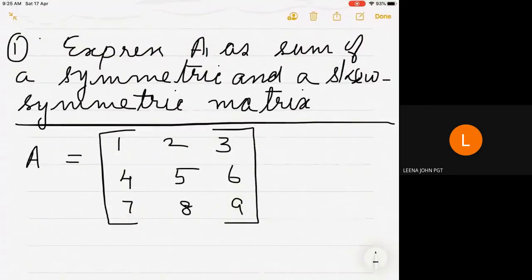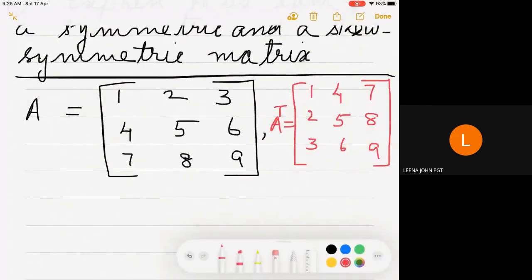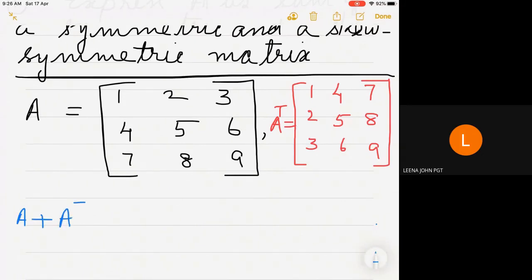So we can write here on the right side what A transpose is. A transpose means the first row will become the first column, the second row will become the second column, and the third row will become the third column. Now you need to find A plus A transpose, which means matrix addition, adding the corresponding elements.